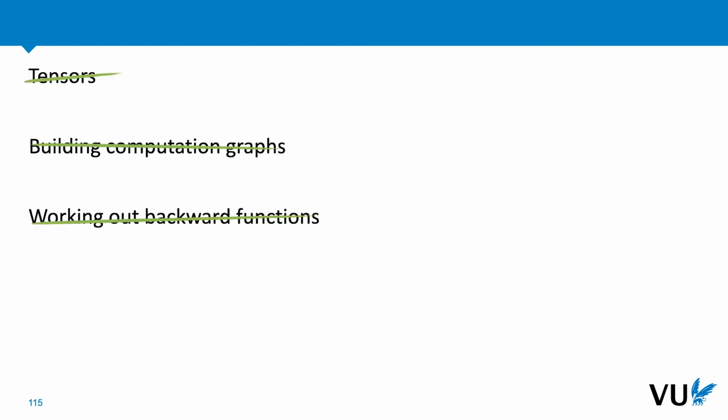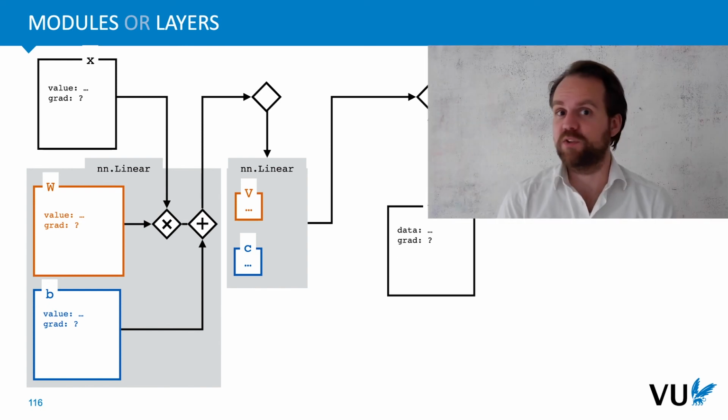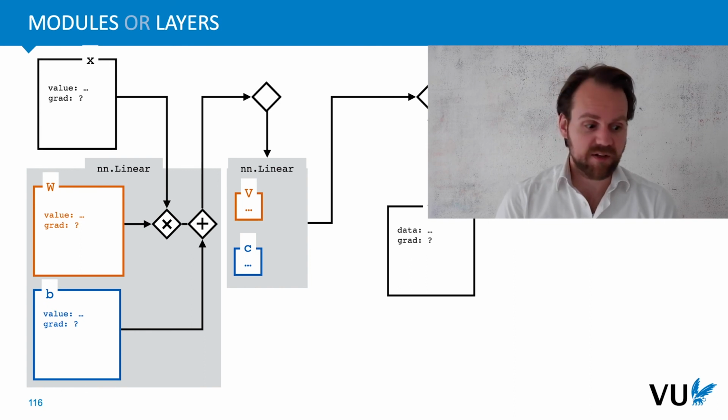So those are the three main things that I wanted to discuss. A few more details. Most deep learning systems also include a functionality to define a module or a layer, which is a slightly more high-level concept built on top of the concepts that we've already discussed.